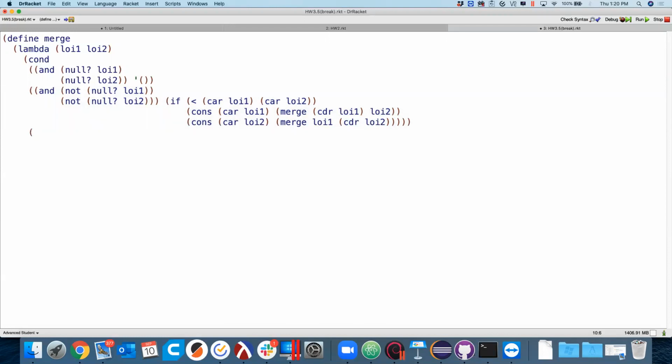All right. Next cond is if we have a null LOI1, then we want to cons the car of LOI2 onto merge of LOI1 and the coulter of LOI2.